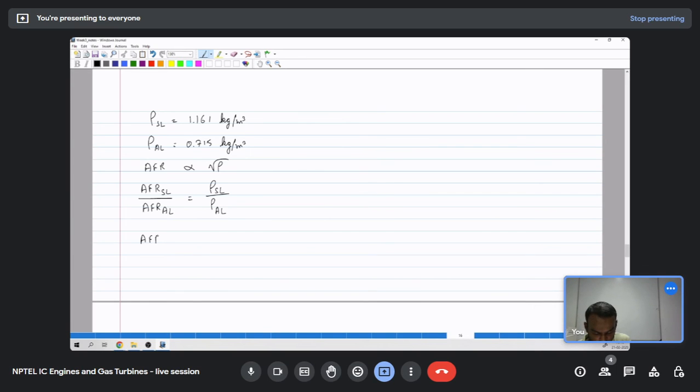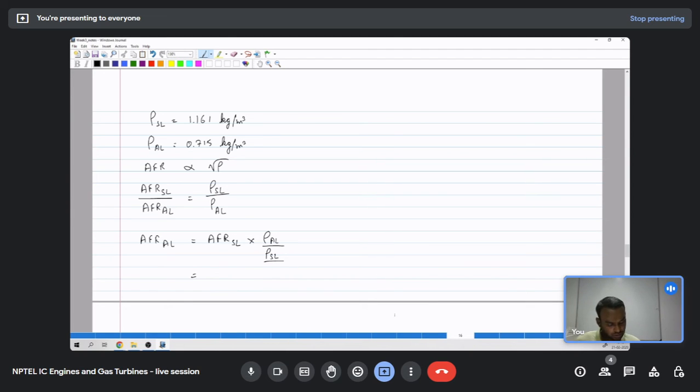So we can calculate the air-fuel ratio at altitude as the air-fuel ratio at sea level into the density at altitude divided by the density at sea level.